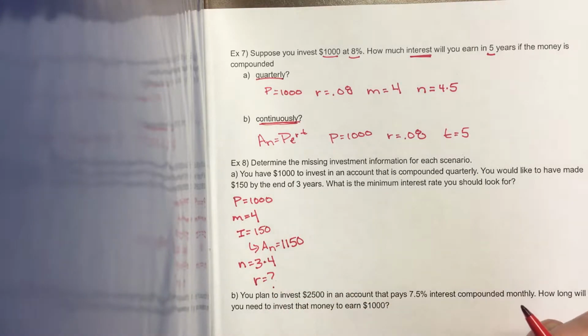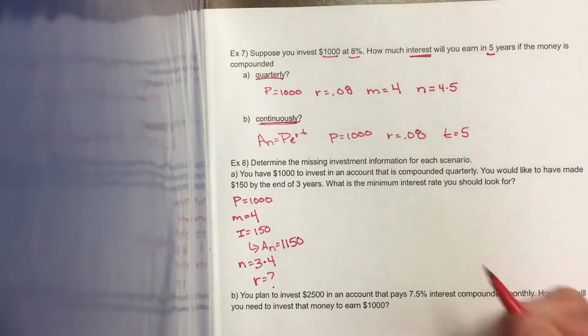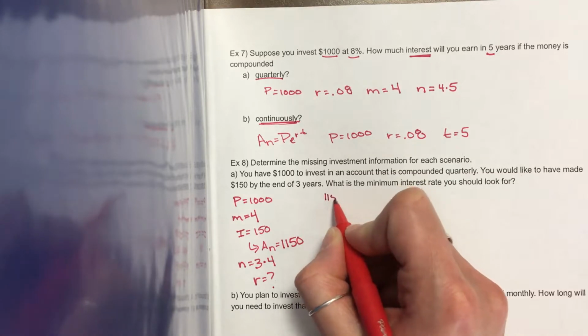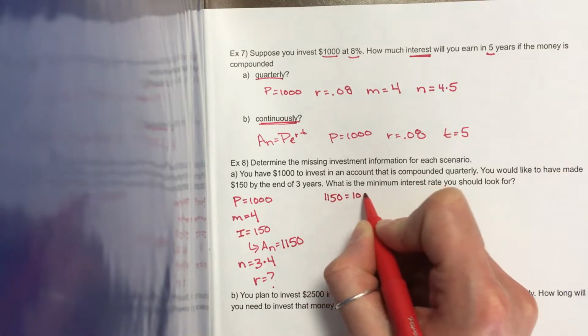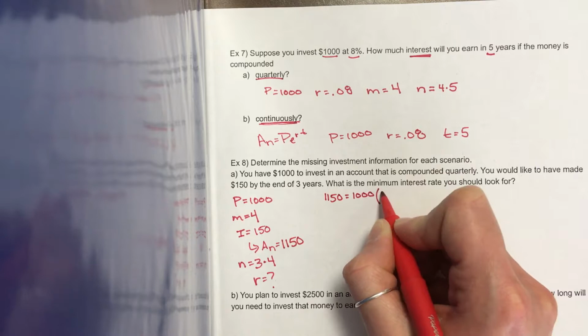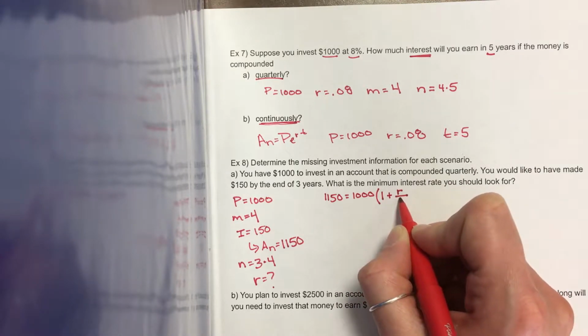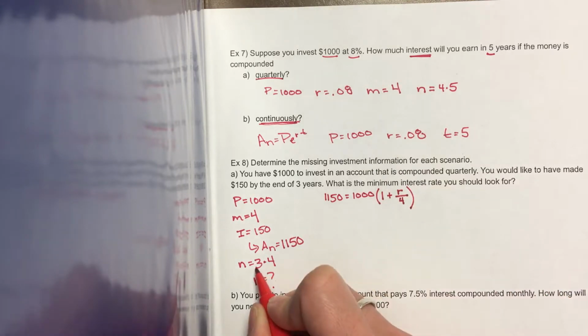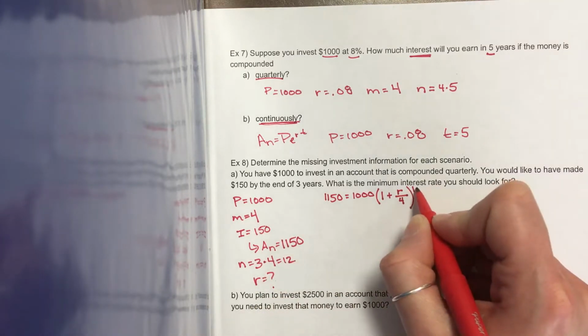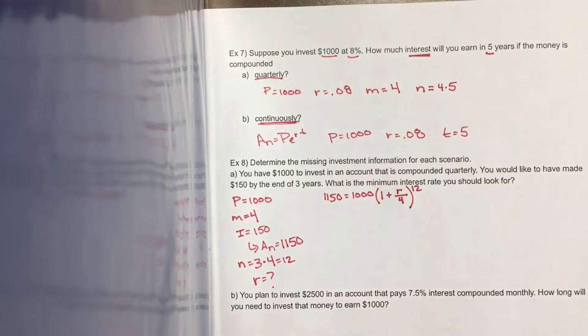So I'm going to plug in all the pieces that I know to solve for the part that I don't. So 1150 equals 1,000 times 1 plus r over 4 to the 3 times 4, which would be the 12th power. Now what I'm going to do is unravel this so I can get r by itself.